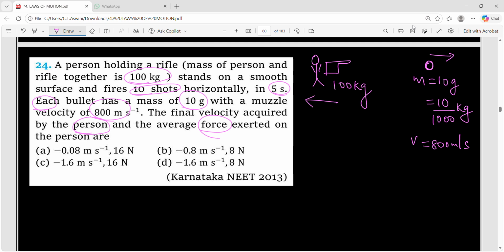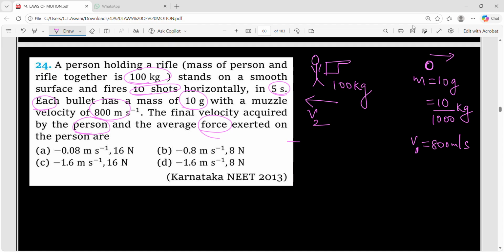We face a jerk in the backward direction. So let that velocity be v2 here. Bullet velocity is v1. The velocity of the jerk we are feeling is v2. So that is what the question is asking. What is the final velocity acquired by the person? What velocity will the person acquire? It's nothing but the jerk, right?